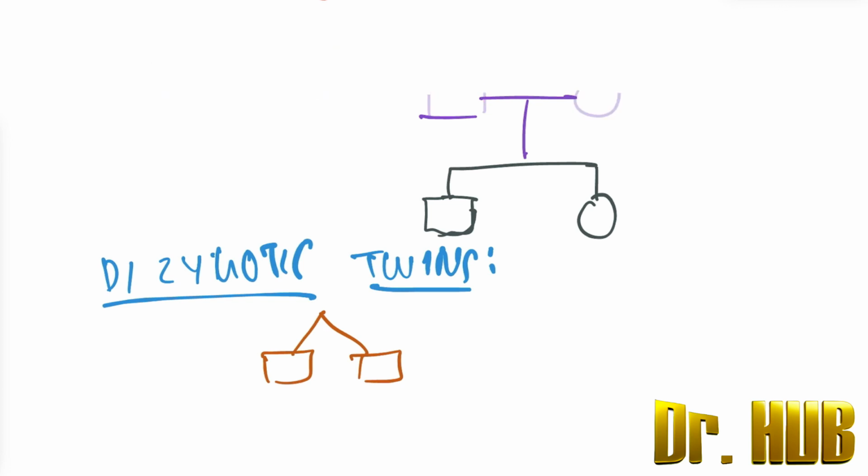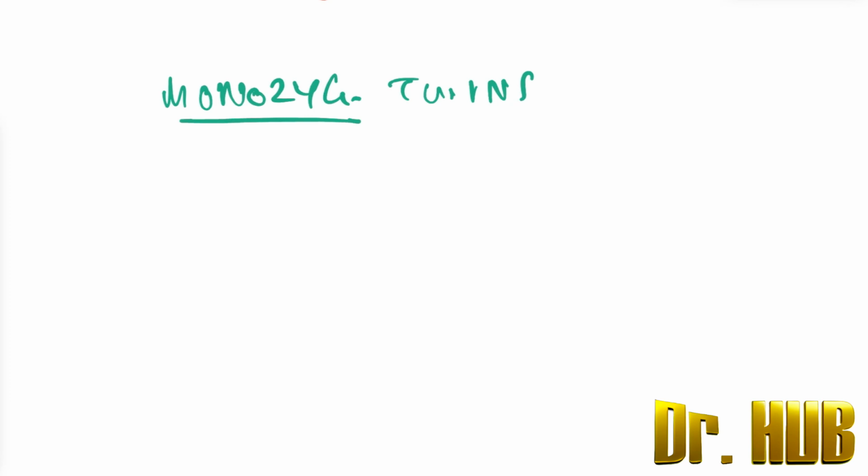So how do you represent monozygotic twins? In terms of the monozygotic twins, the representation is almost the same. You draw two lines and they are connected. This means there is presence of the monozygotic twins.